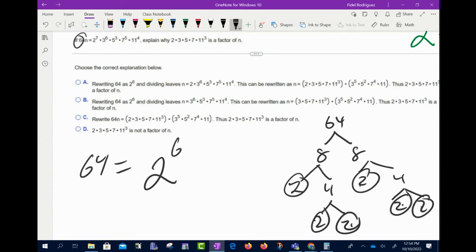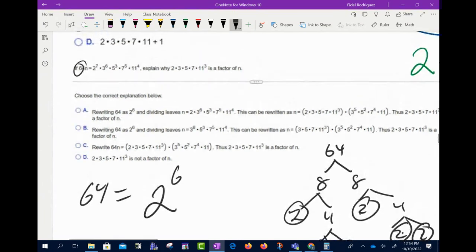Okay, so y'all, I'm going to look at my answer choices here, okay? So look what it says. Part A says rewriting 64 as 2 to the 6 and dividing leaves. Let's see. I want to show you something, y'all. If I look at this piece right here, now look, I have a 2 to the 6, right? How many 2s did I have here?